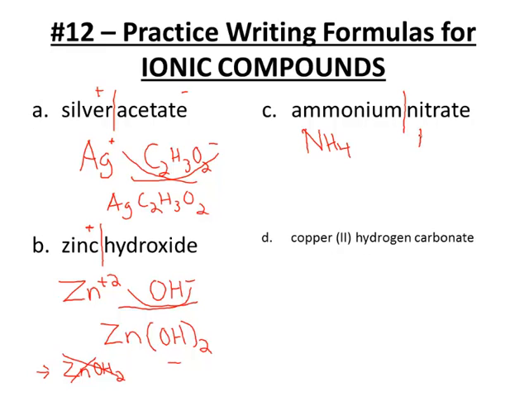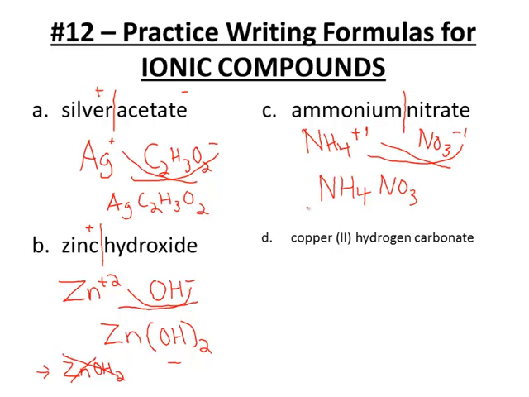NH4, nitrate, we've seen before. NO3 with a minus. If we have a +1, -1, when we crisscross, we don't write the 1s. We end up with ammonium, NH4, nitrate, NO3.